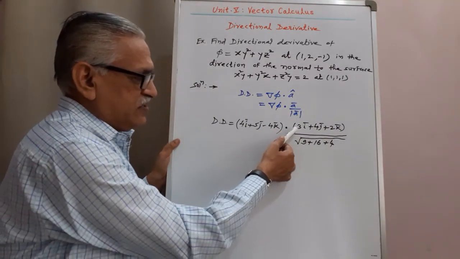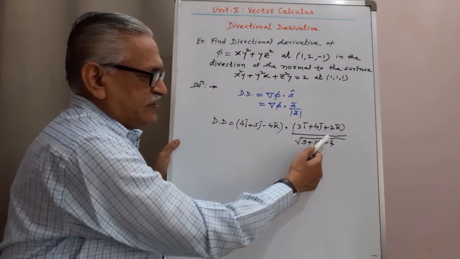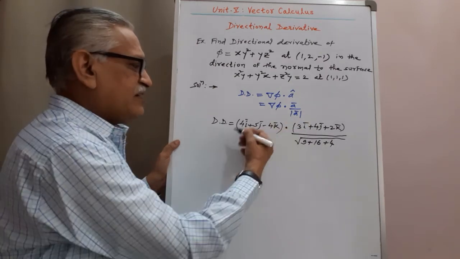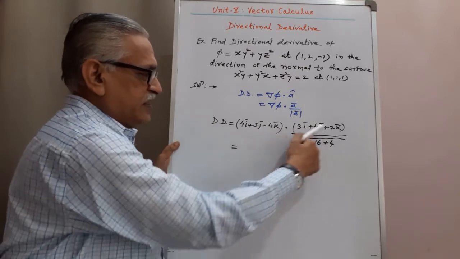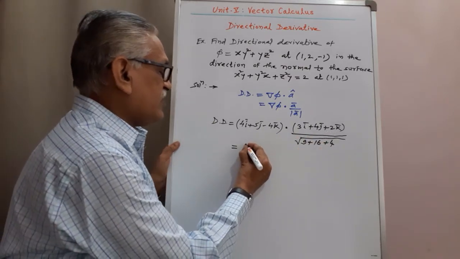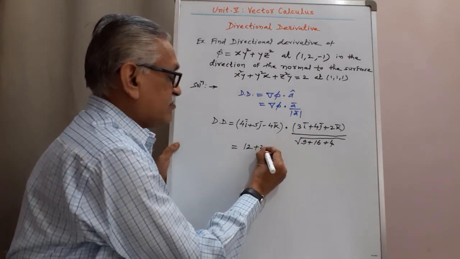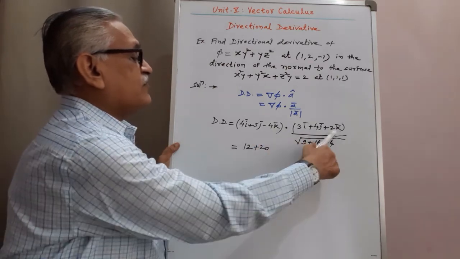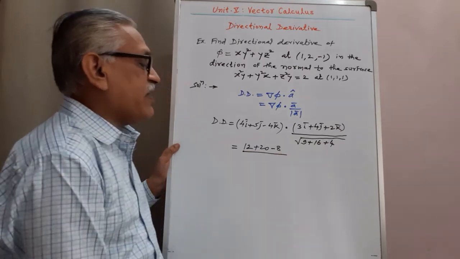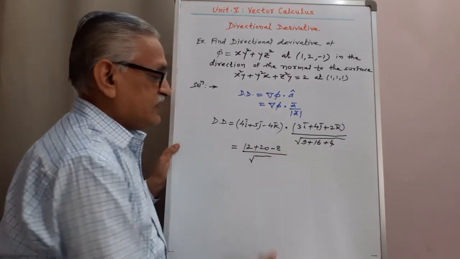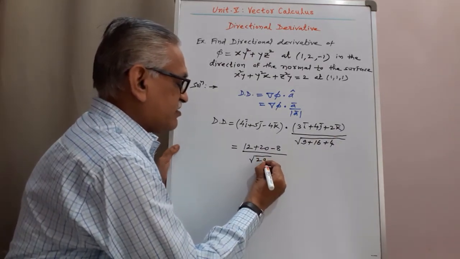The magnitude is obtained from x square plus y square plus z square: 3 square is 9, 4 square is 16, and 2 square is 4. Performing the dot product a1 b1 plus a2 b2 plus a3 b3, 4 3s are 12, 5 4s are 20, and 4 2s are 8, minus 8, divided by root of 16 plus 4, 20 plus 9, we get root of 29.